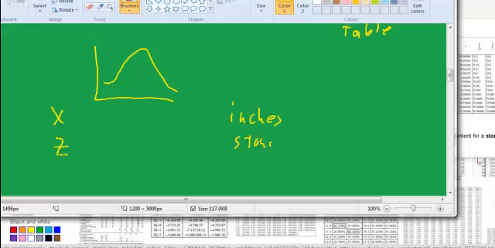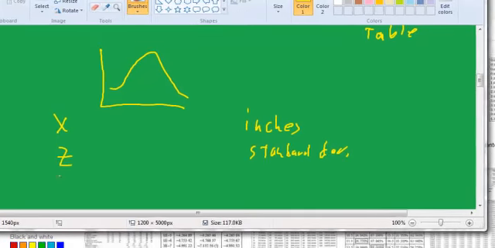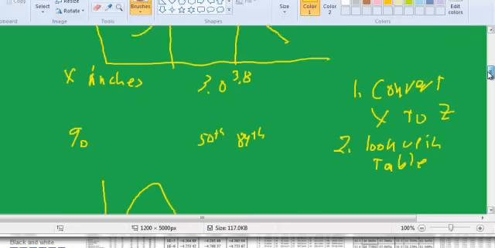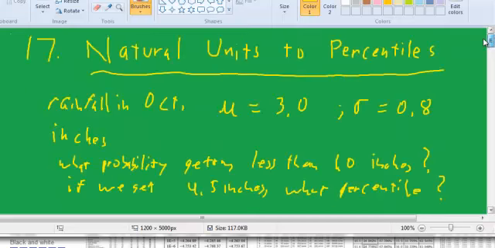We count how many standard deviations away. And then finally we have percentiles. I'm going to do the two-step process for going from inches to percentiles. So let's take our first question.